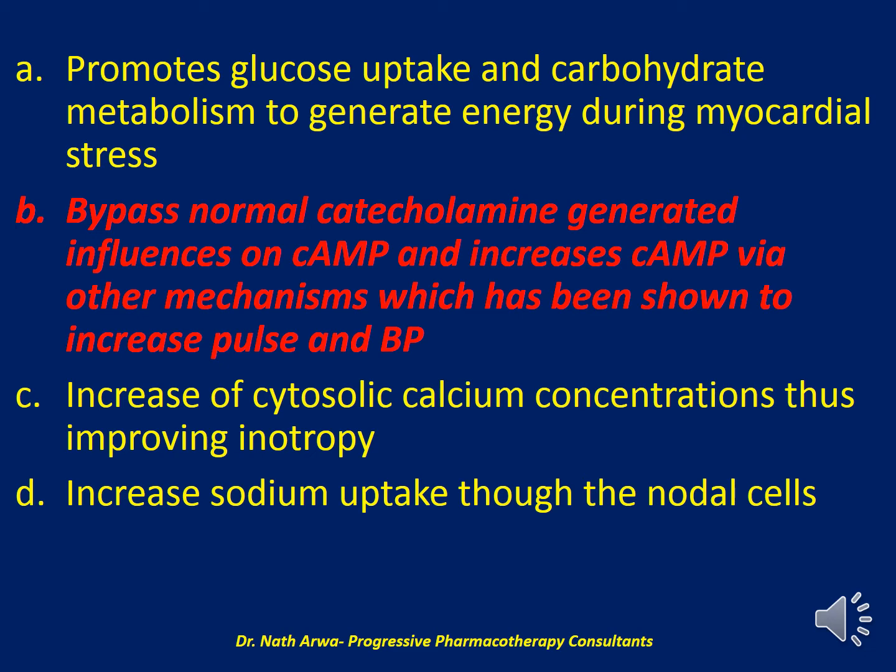Now, beneficial effects of using insulin plus dextrose have been seen in calcium channel blocker toxicity due to the fact that insulin promotes glucose uptake and carbohydrate metabolism to generate energy during myocardial stress. And then sodium bicarbonate may increase sodium uptake through nodal cells.